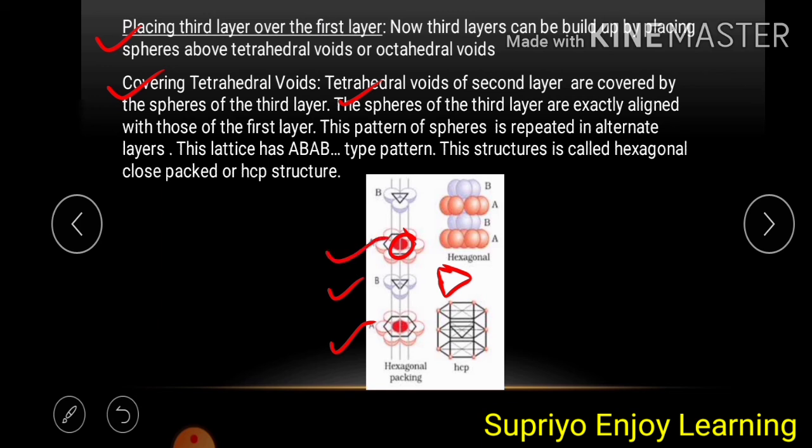So both we are representing as A. This pattern of spheres is repeated in alternate layers. The second layer is different from the first layer, so we are calling it B type. So this lattice has AB type pattern. This structure is called hexagonal close packed or HCP structure.